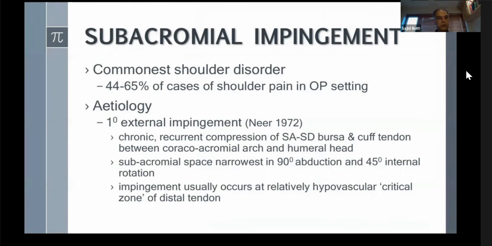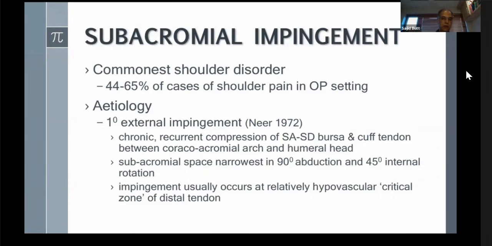These are the patients who have a chronic recurrent compression of the subacromial subdeltoid bursa and the cuff tendon between the coracoacromial arch and the humeral head. The subacromial space is narrowest in 90 degrees of abduction and 45 degrees of internal rotation of the shoulder. So you can check it yourself.